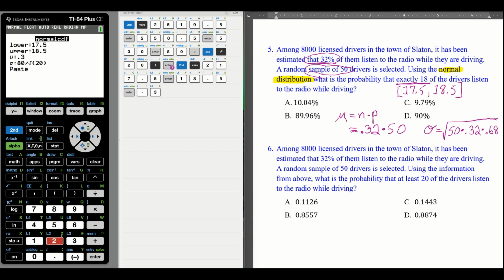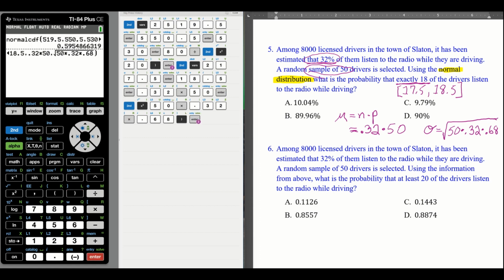So 0.32 times 50. Remember, I type it in, I do not pre-calculate, because it's easier to look at what you typed in versus going back and forth to figure out where you had incorrect calculations. 50 times 0.32 times 0.68, close my parentheses, enter, enter, enter again.